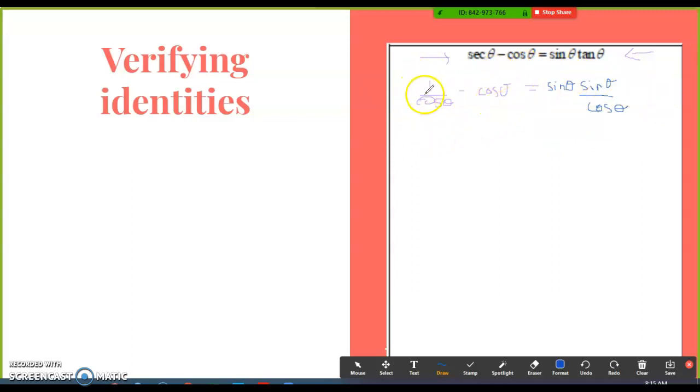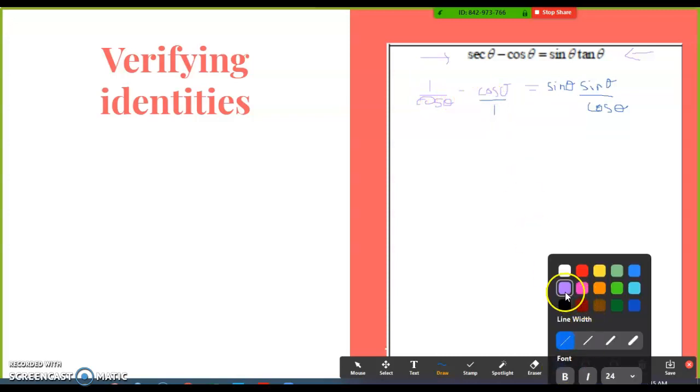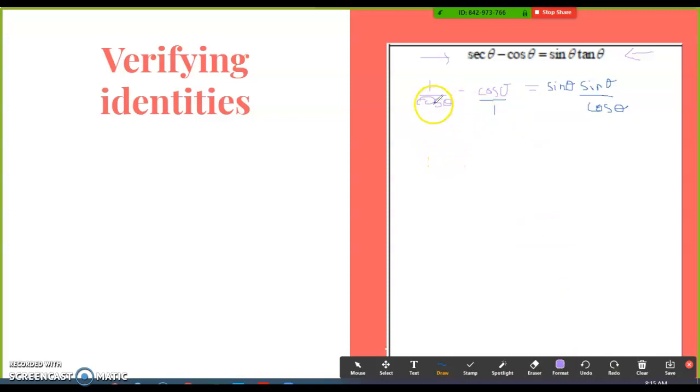So I'm going to simplify the left and right and see what I have. Now to the left, we are subtracting, which means we need a common denominator. I have 1 over cosine of theta minus cosine of theta, and I know that cosine of theta is over a 1. So that means my common denominator is going to be 1 times the cosine of theta, or just cosine of theta.